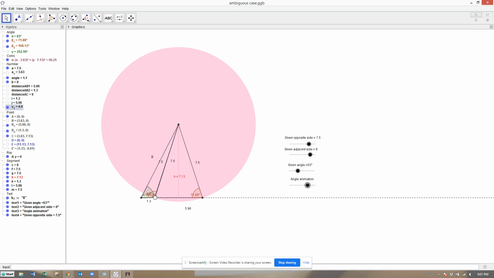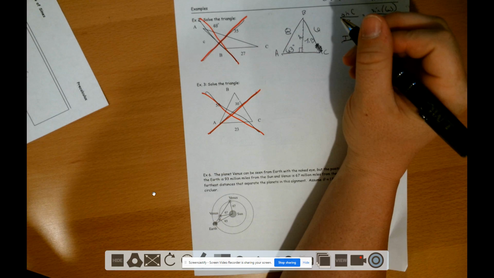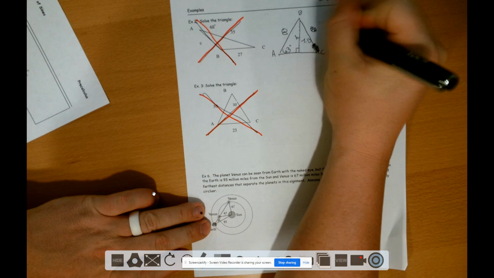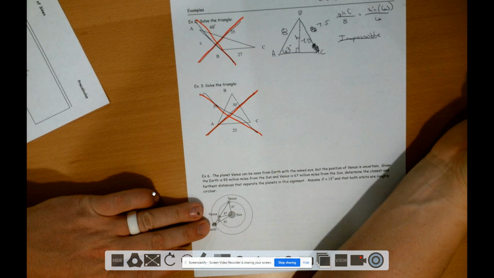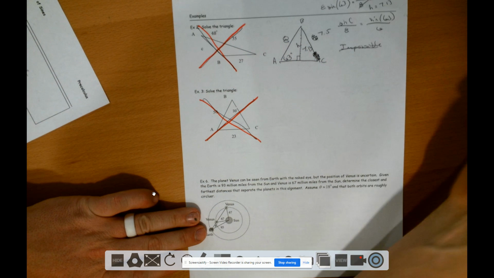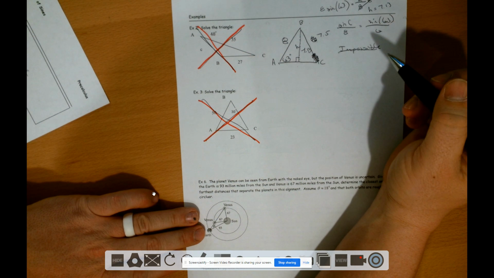Beautiful. So that's what we're going to actually end up with. So we're going to change this 6 to 7.5 now, and we're going to solve for both triangles. So we're going to make it now possible.